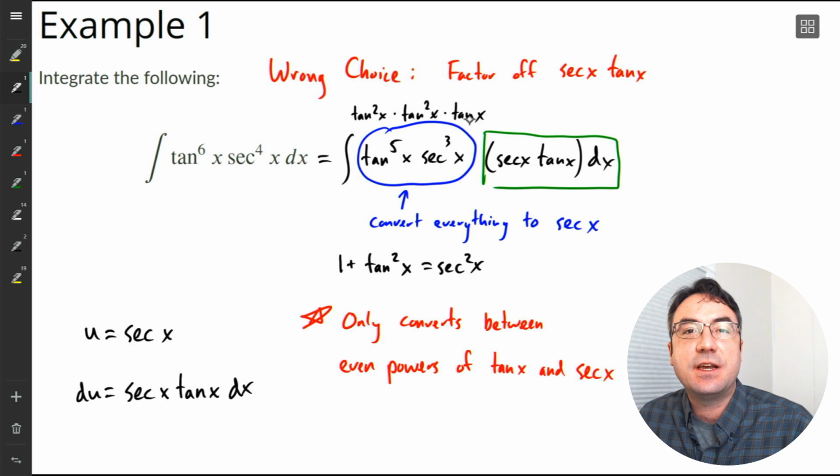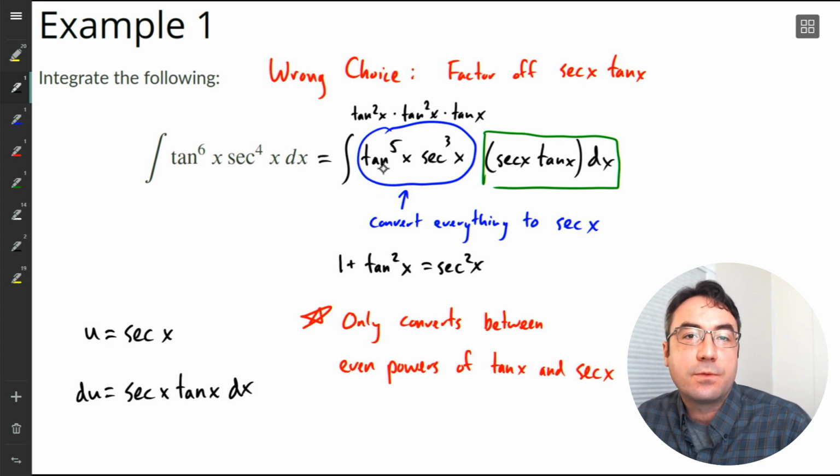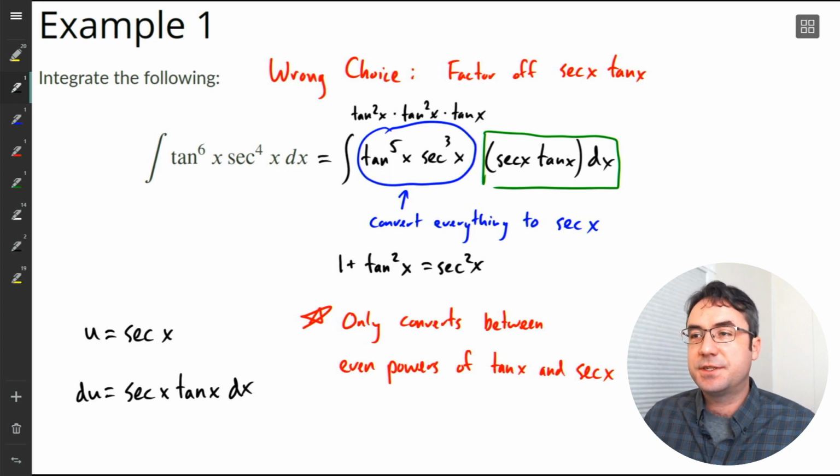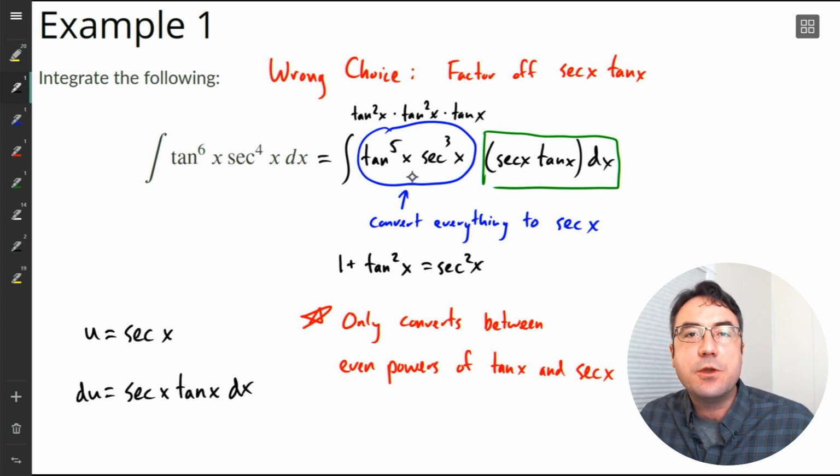But now we just have a tangent term. And this trig identity doesn't tell us what happens if we just have a tangent. So we're going to run into trouble. So, this is just an example of what you might run into if you make the wrong choice for what to factor off: this trig identity only works by converting even powers of tangent and secant.